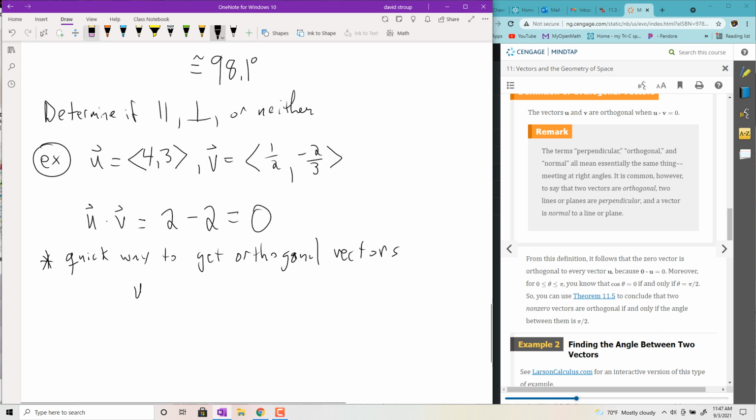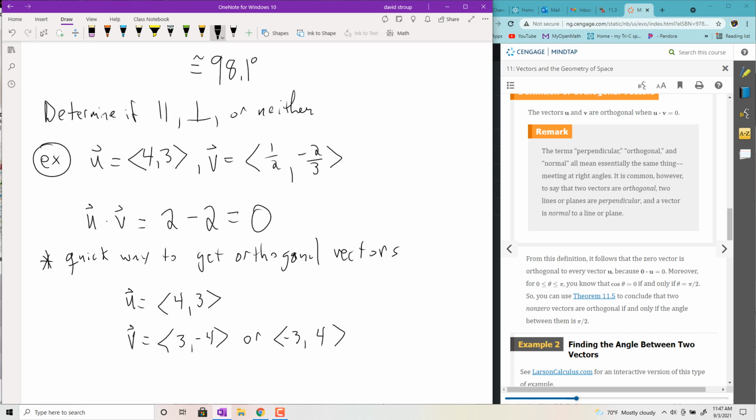This won't work for, I can't think of a quick way to get orthogonal space vectors. But if you're given u equals 4, 3, to get an orthogonal vector quickly, all you got to do is swap the components and make one of them negative. So you go 3, -4, or you can do -3, 4, or you can do multiples of those, right?